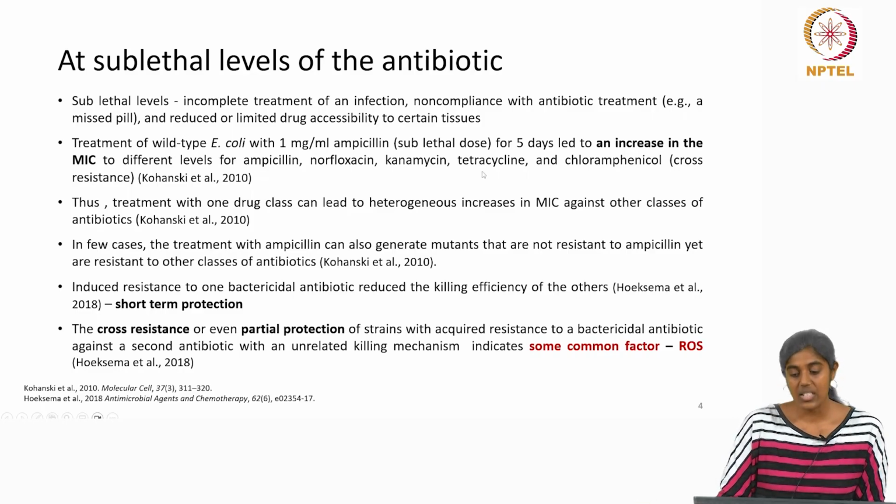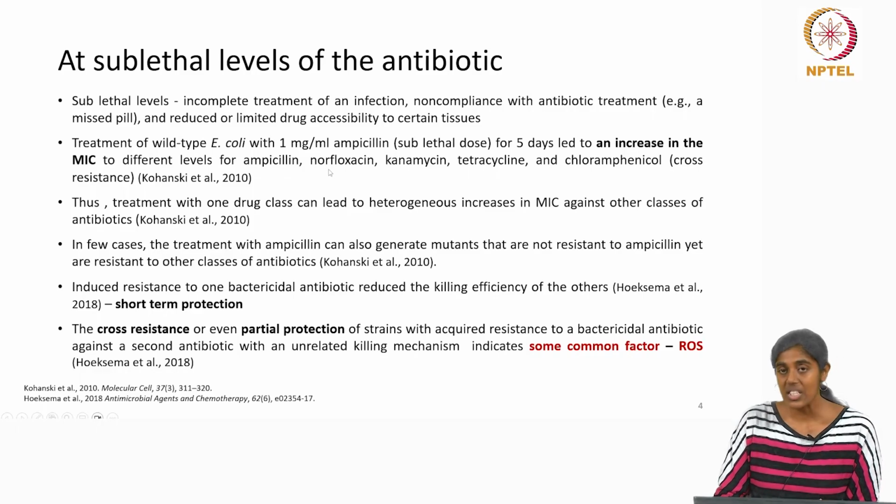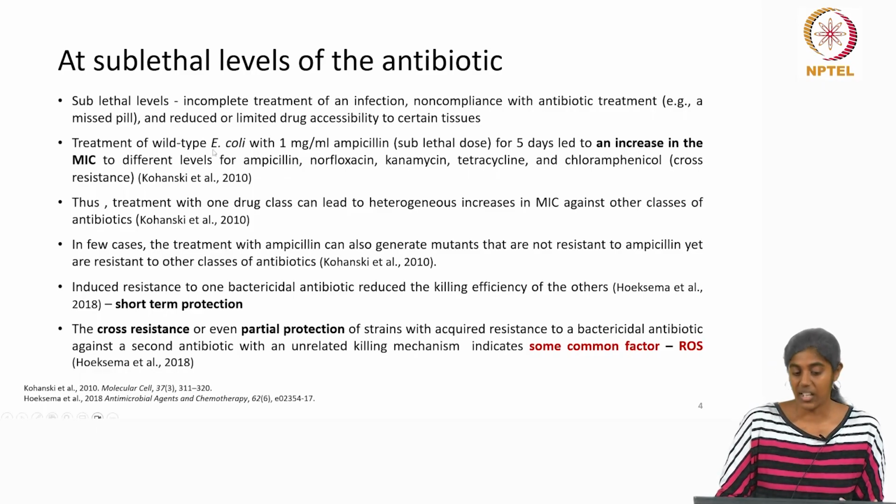At these levels, it has been observed that the minimal inhibitory concentration increases. Even if we treat the cell line with a single antibiotic such as ampicillin, it shows resistance to multiple other antibiotics such as norfloxacin, kanamycin, and tetracycline. Thus, treatment with one class of drug could lead to a heterogeneous increase in minimum inhibitory concentration.